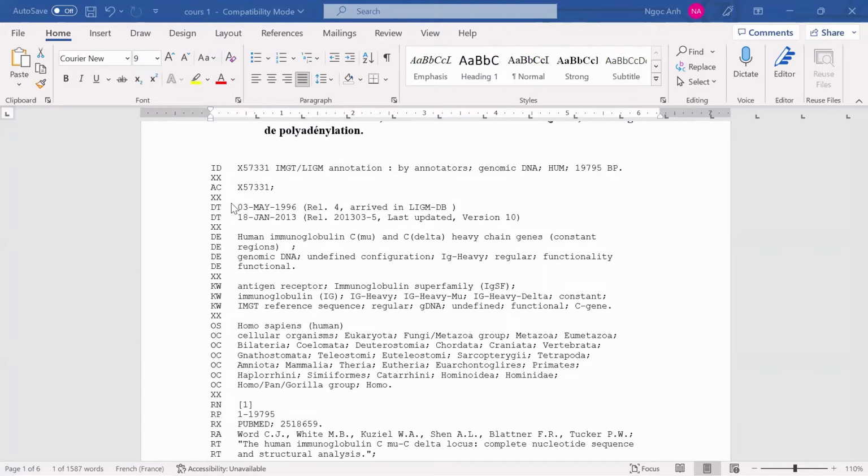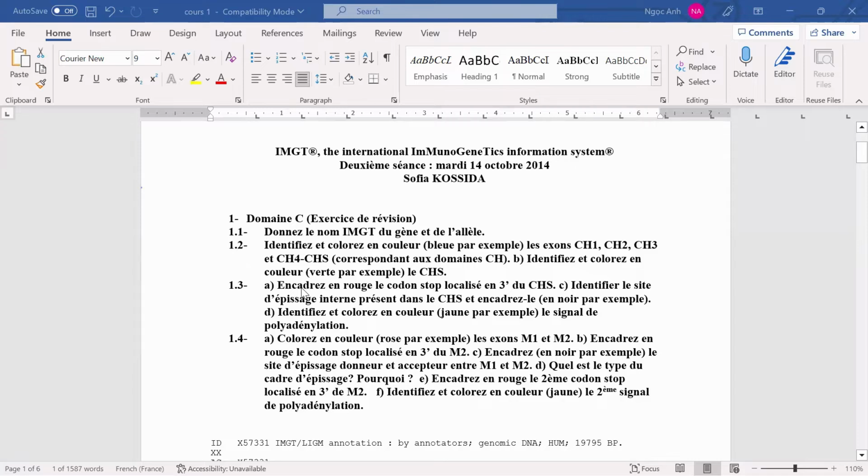You go to the third question. Let's see what's the third question. If you go a bit further up. The third one asks you to find the stop codon on the 3' of the CHS. Actually, here it should be B, but it's C, doesn't matter.